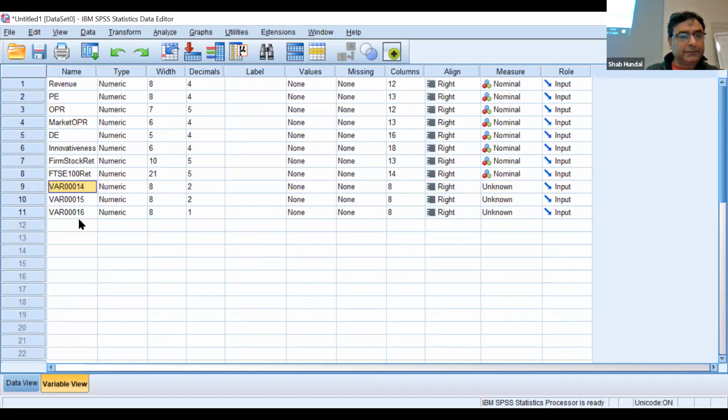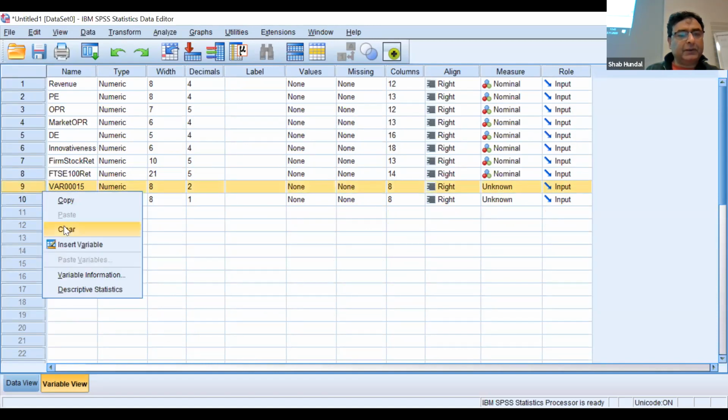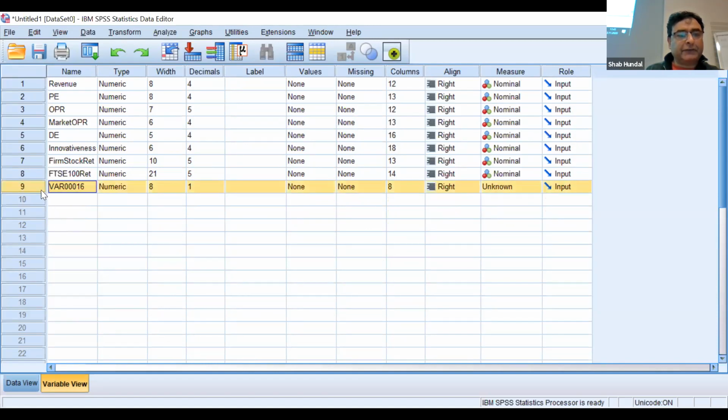Clear. Yeah, so I just want to clear them. We can come back to them. So I clear these unnecessary variables. They can cause unnecessary confusion.